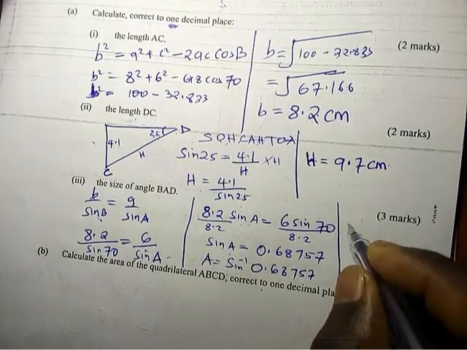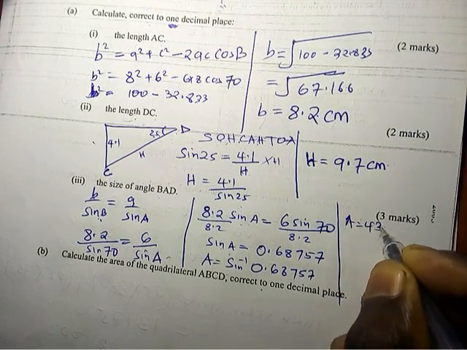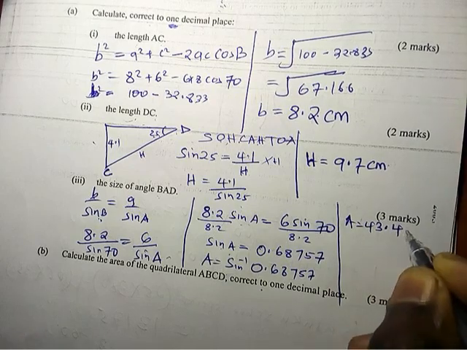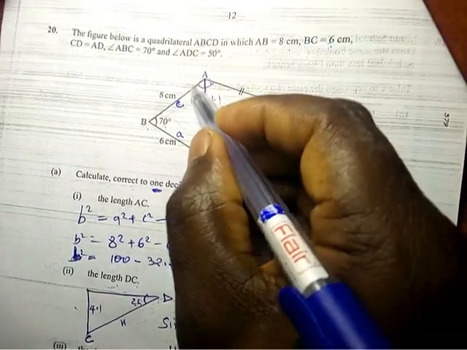Now this gives us angle A as 43.4 degrees, but that is just this angle here. We wanted the whole angle.